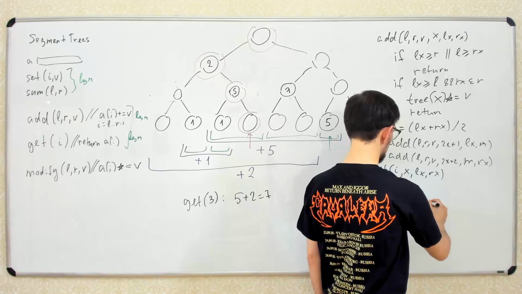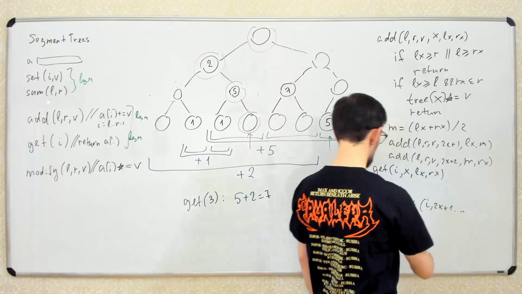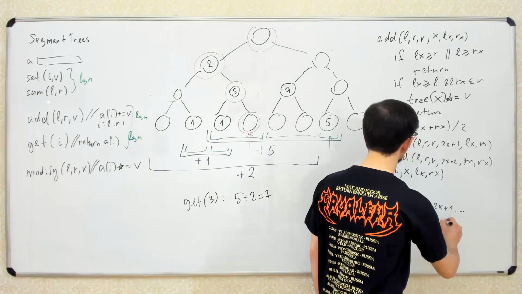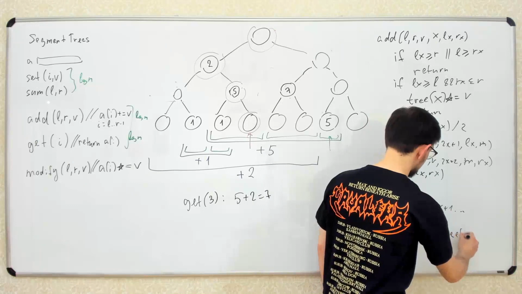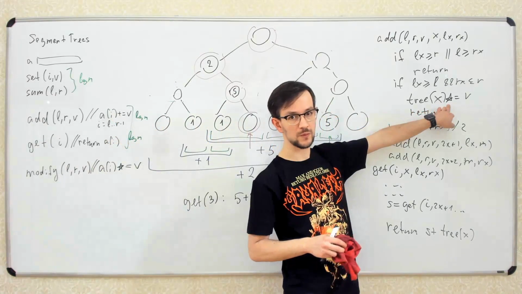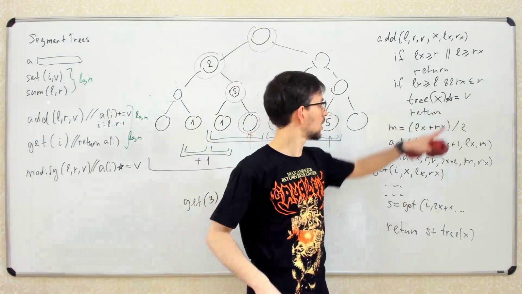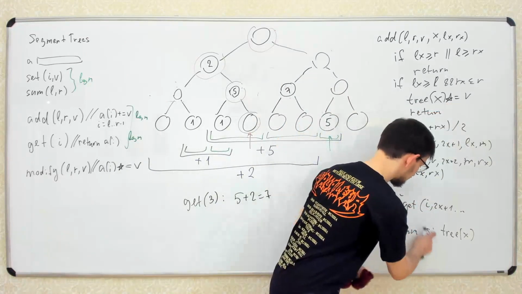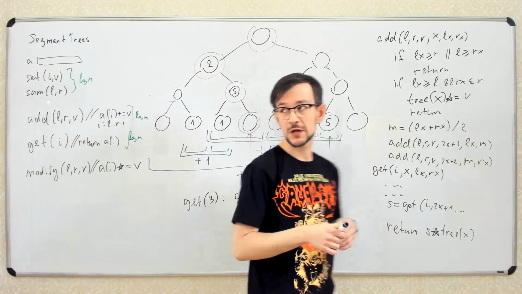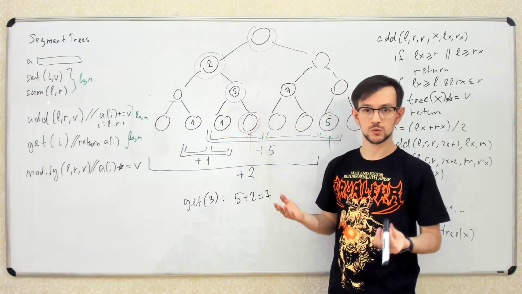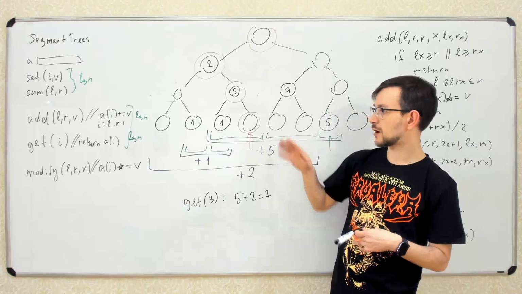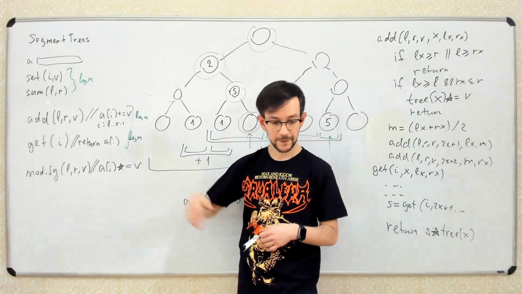You make this recursive call like a to x plus 1 and so on. And then in the end you return s plus 3 of x. So I want to change this plus with this abstract operation, here and here. And I want to understand what types of operations actually work. So I want to find the properties of the operations we need to take care about when we try to make a segment tree with this operation.